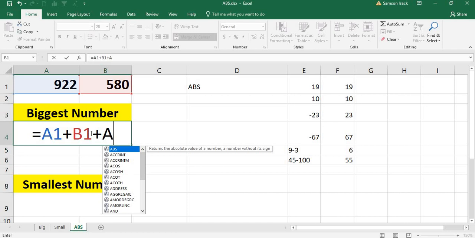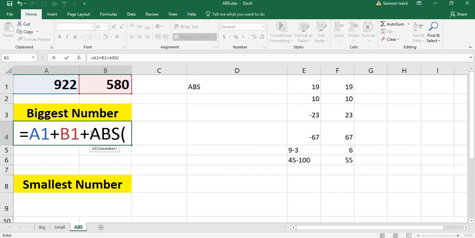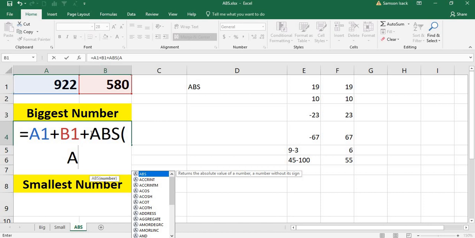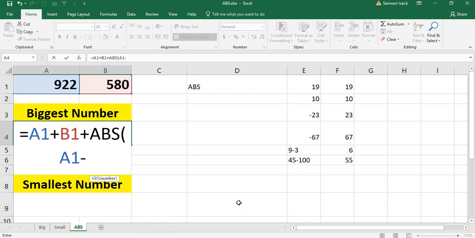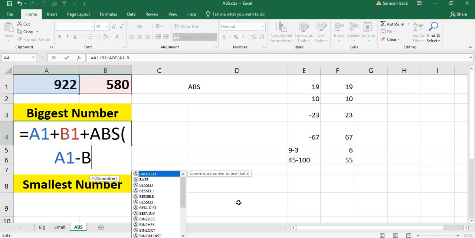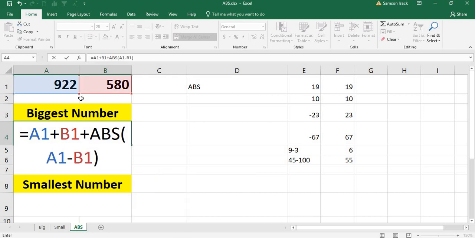So I put ABS of the difference, A minus B, and add it to B. That means it is going to be A again, the biggest number, so it will give 2 times the biggest number.